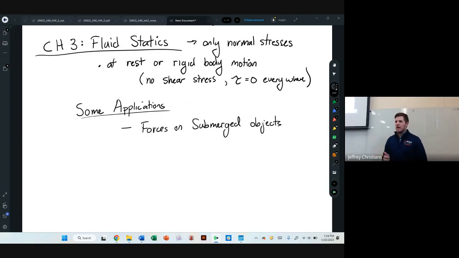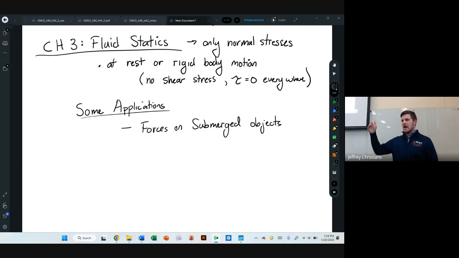So for example, if you've been up north to Sault Ste. Marie and seen the locks at Sault Ste. Marie, if you were an engineer trying to design the doors on those locks, you would care a lot about the pressure, or the forces, that are operating on those doors.